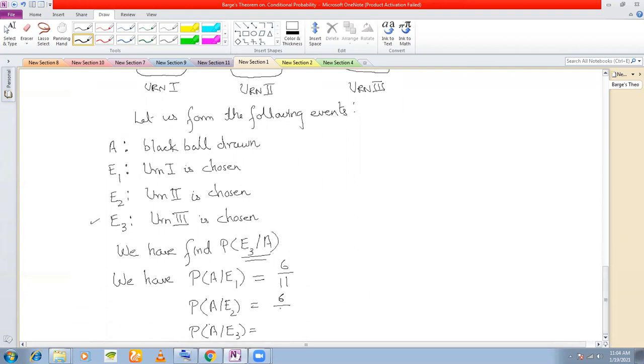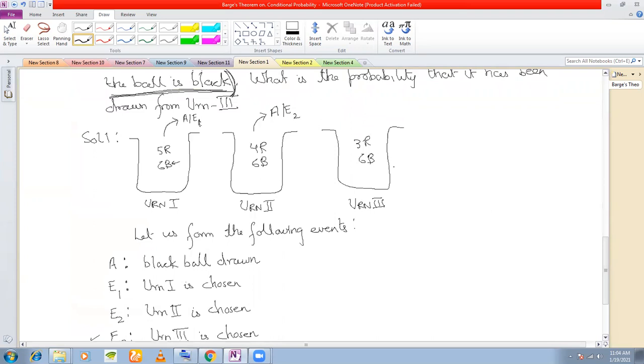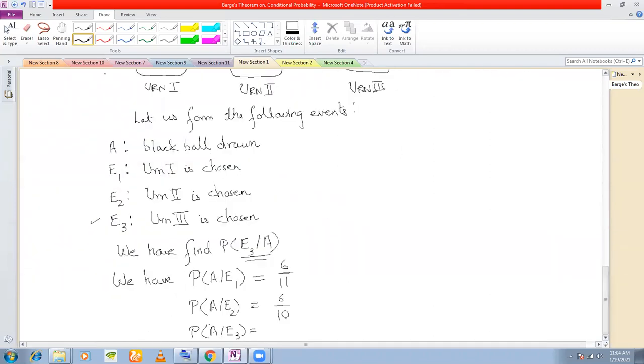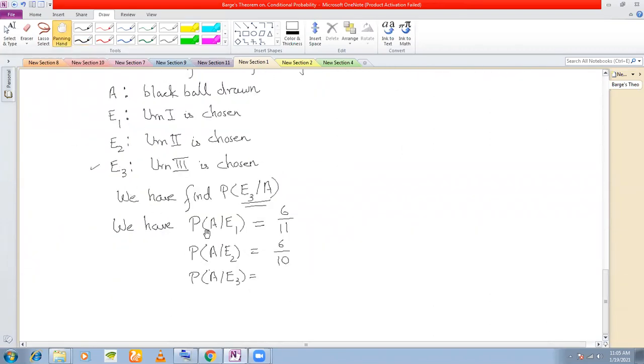Right. And next, this is A/E3. Black ball is chosen given that it is chosen from urn 3. So this is 6 by 9, right?